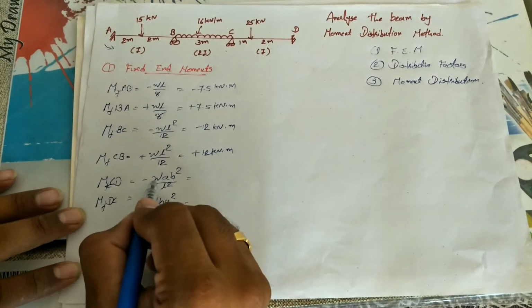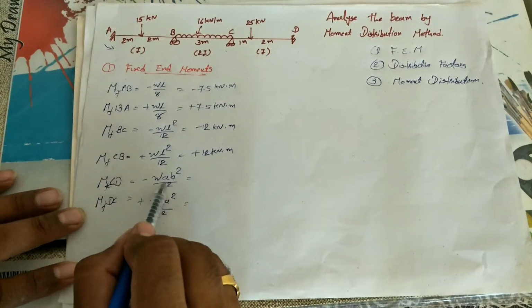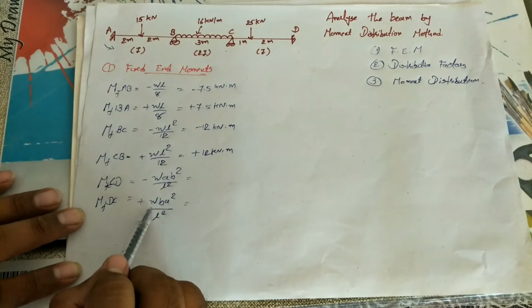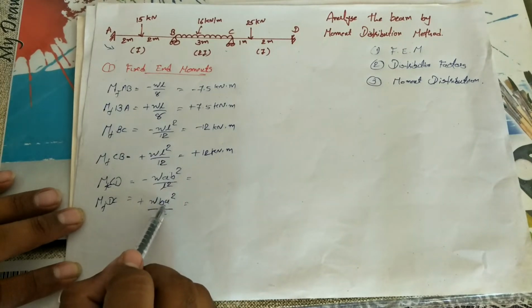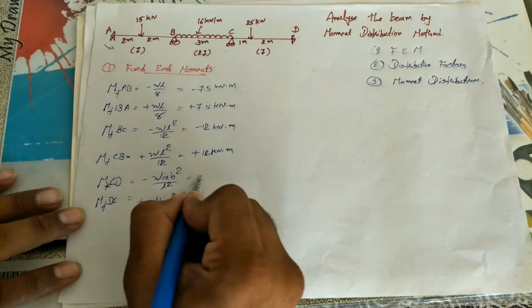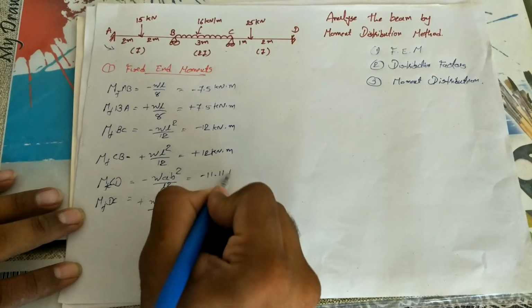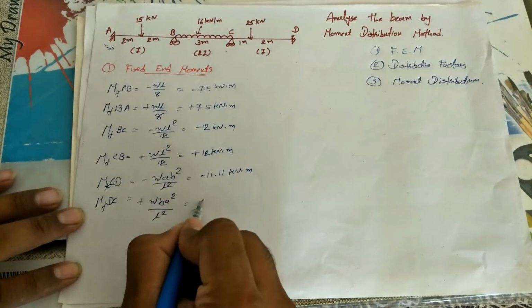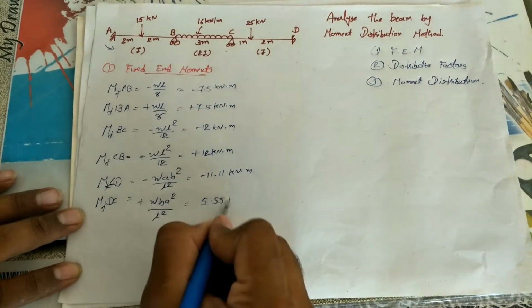W is 25, A is 1, B is 2 squared, and here 25, B is 2, and A is 1 squared, divided by 3 squared. So you will get minus 11.11 kilonewton meter for this, and for this you will get 5.55 kilonewton meter.